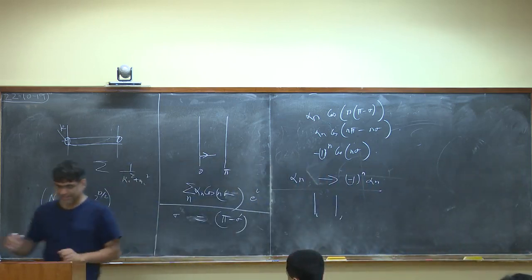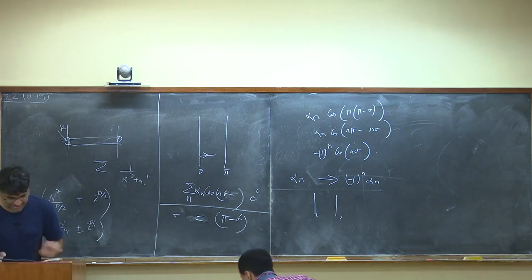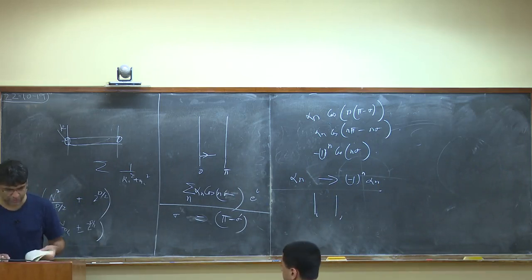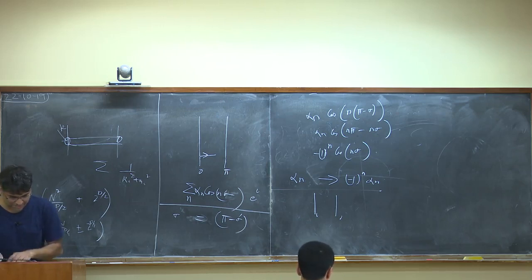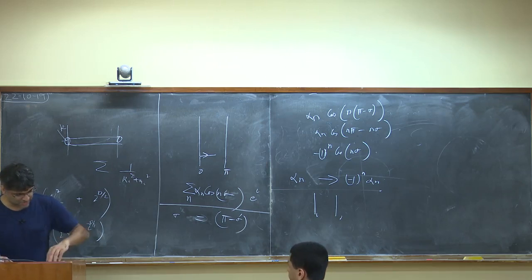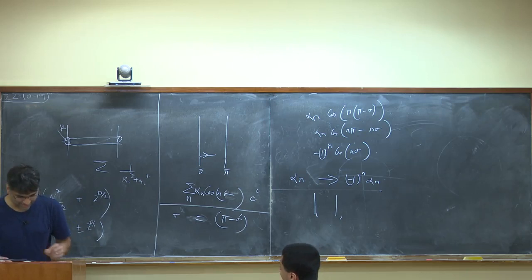Okay, so let me quickly go through this analysis for you. I'll explain the issue. Let me find the right place in Polchinski. Where does Polchinski first talk about orientation? Well, that's useless, I'm sure. Just a minute.